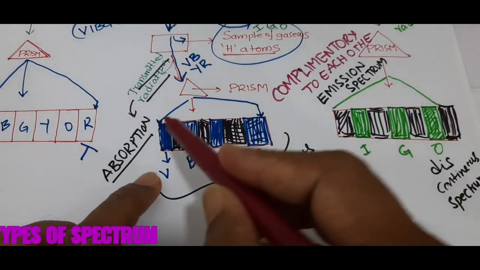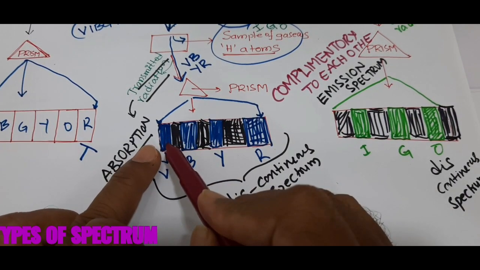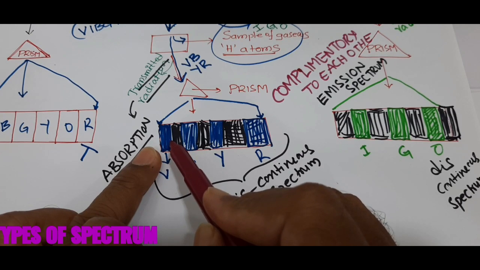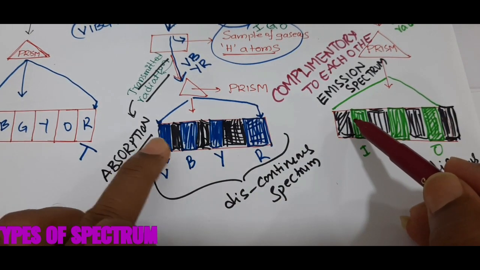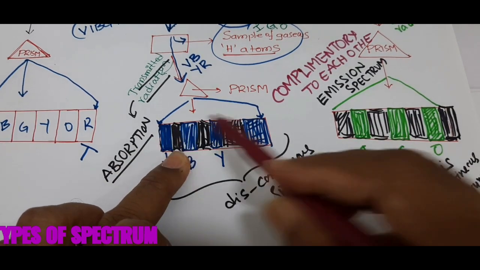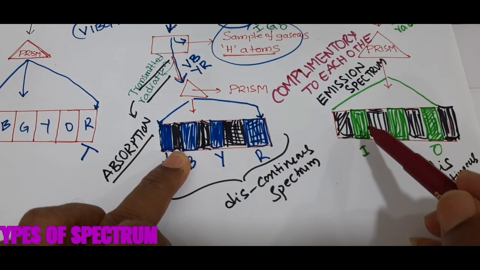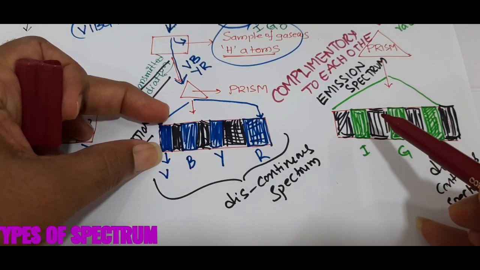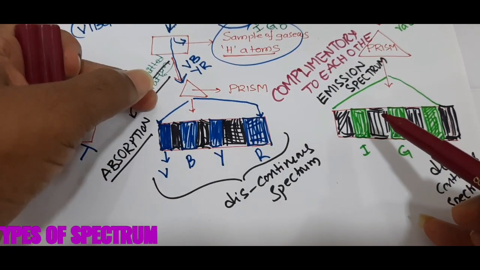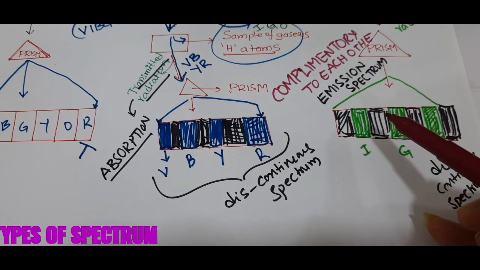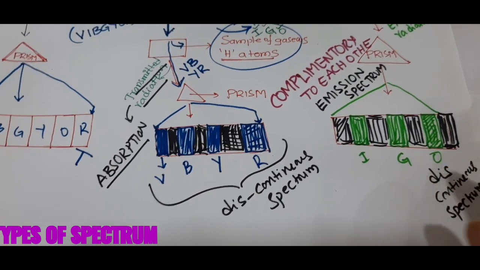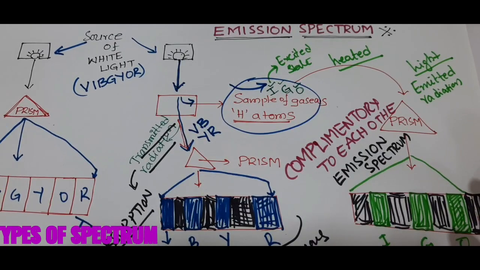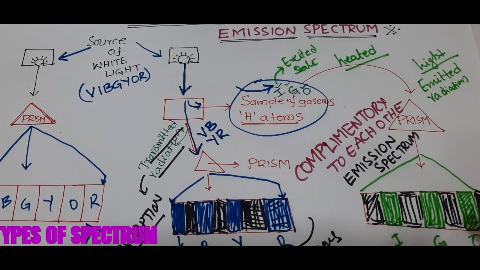In other words, where bright lines are in the absorption spectrum, exactly at that area dark lines are there. If dark lines are here, then bright lines are there. That means one area is dark in one spectrum, and in exactly that wavelength area bright lines are there in the other spectrum. So that's why they can be called complementary.